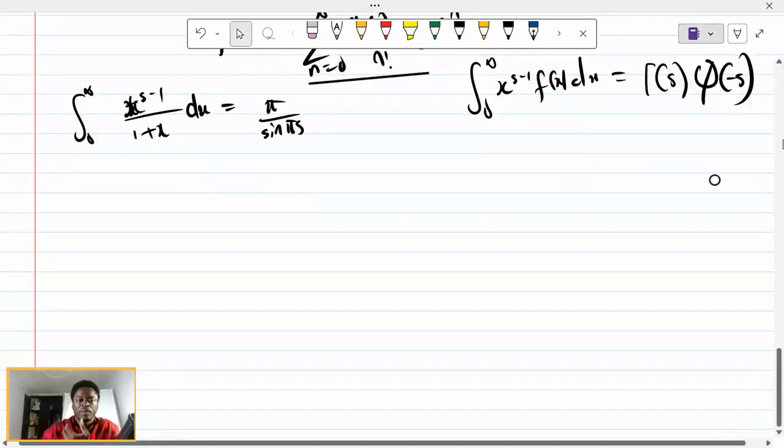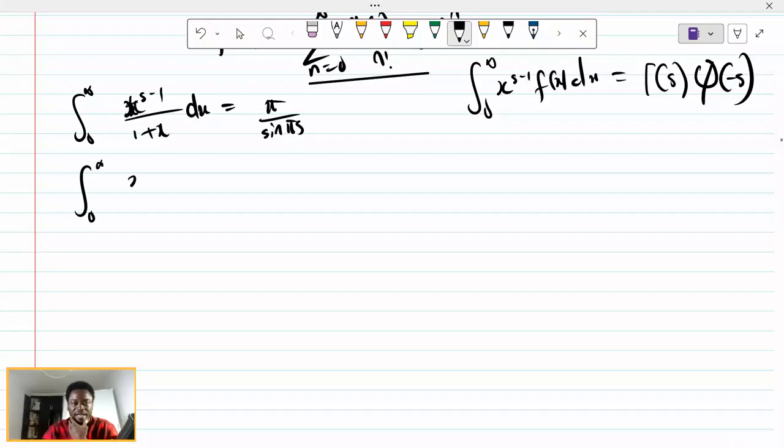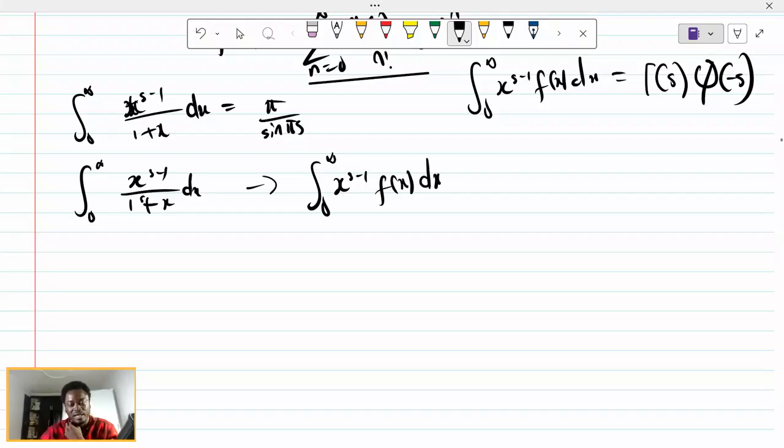To begin, what we need to do is start with the integral from 0 to infinity of x to the s minus 1 over 1 plus x dx. Now this is like the integral from 0 to infinity of x to the s minus 1 of f of x dx, whereby f of x here is 1 over 1 plus x.